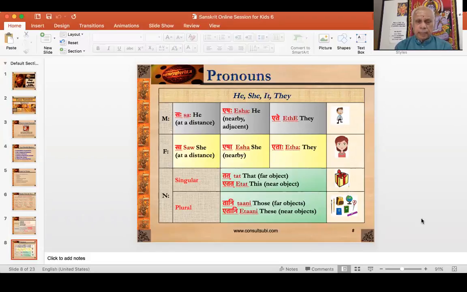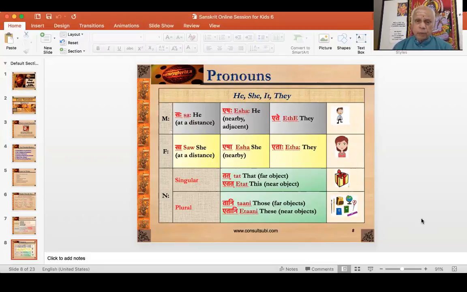But in Sanskrit, you have to use a noun depending upon the distance at which they are situated. For example, in English, you can say he, whether it is adjacent to you or nearby or at a distance. But here, saha is at a distance.